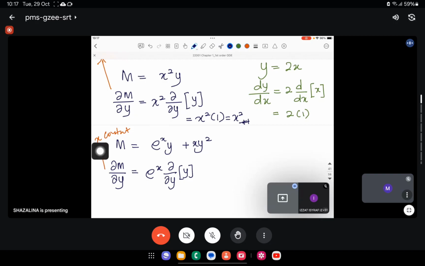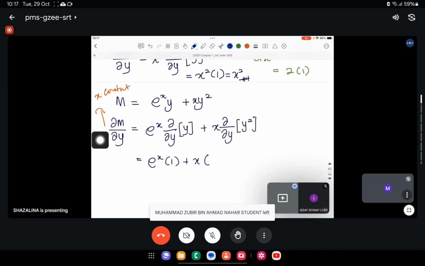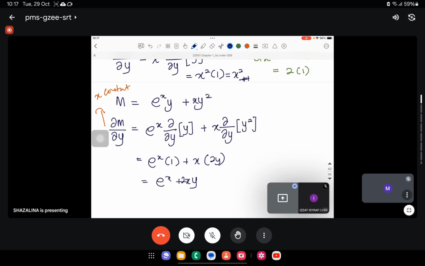For the second term, the constant is x, so x differentiate with respect to y square. So the answer is exponent x times 1, plus x times 2y. Simplify it: exponent x plus 2xy.